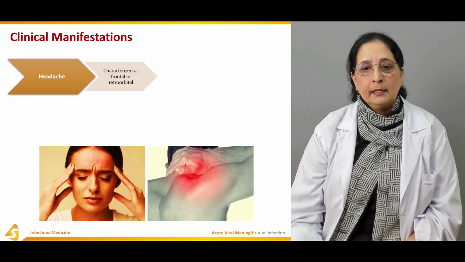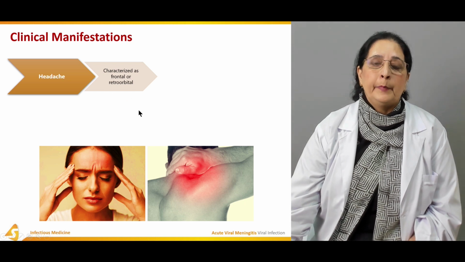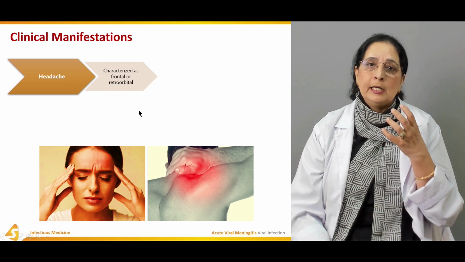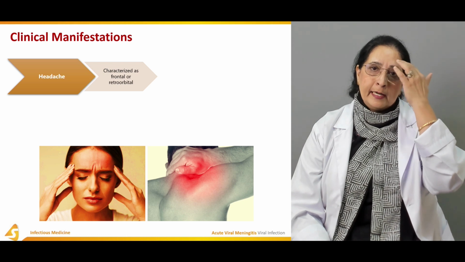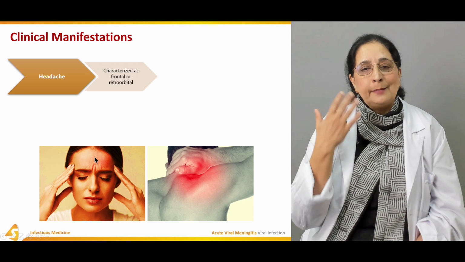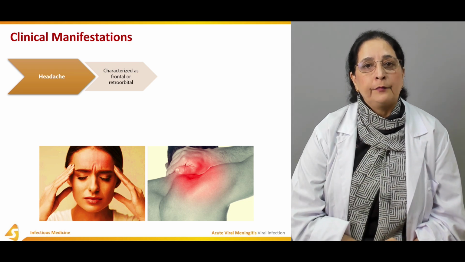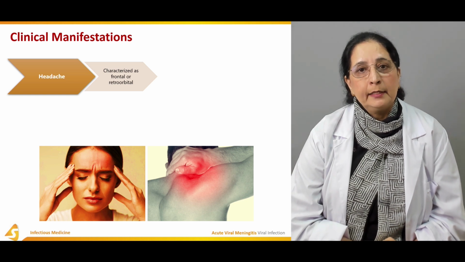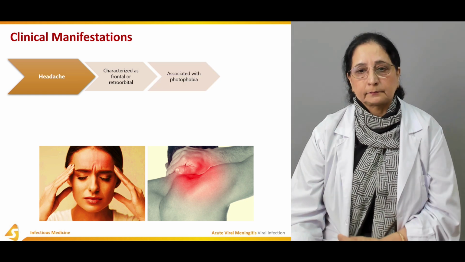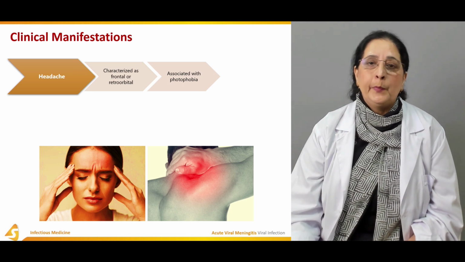Headache, again, is characterized as frontal or retroorbital. So the meningeal headache is identified as a headache present in the forehead or retroorbital, behind the eyes. That's the characteristic feature of the headache associated with meningitis. It's also associated with photophobia.